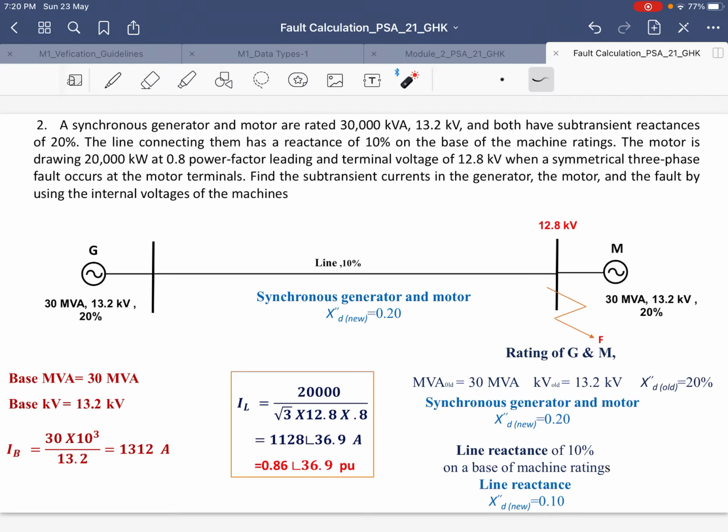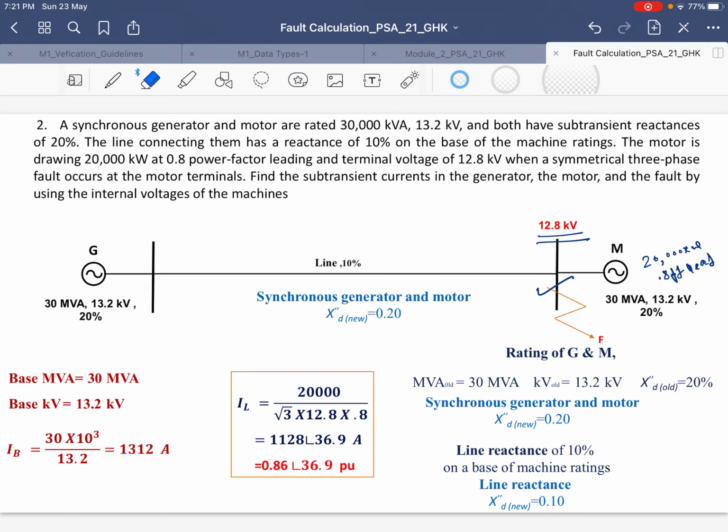The motor is drawing a load of 20,000 kilowatt at 0.8 power factor lead with a terminal voltage of 12.8. That is why I have written 12.8 here, and the fault occurs at the terminals of the motor.